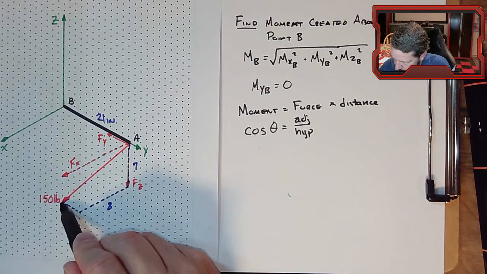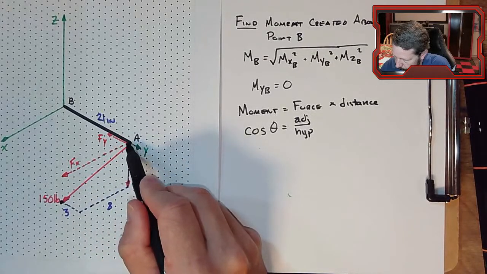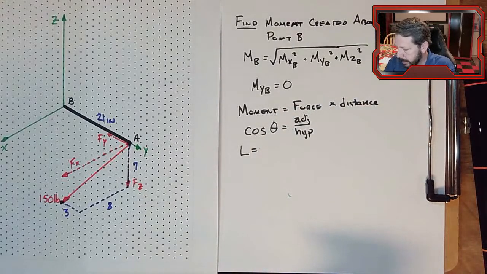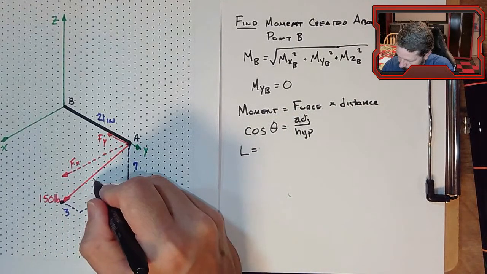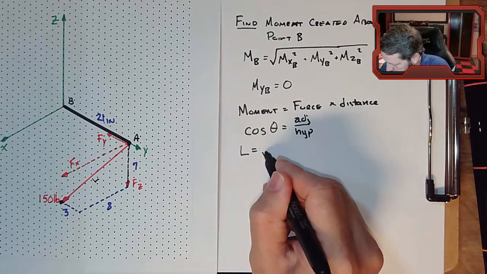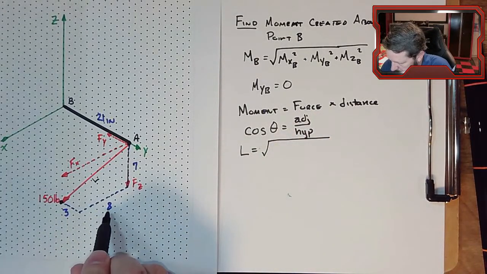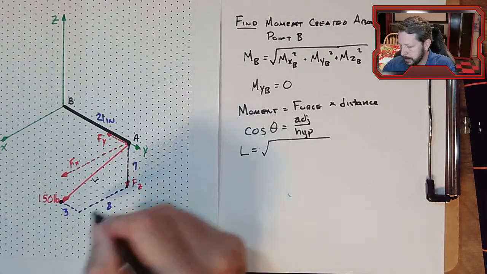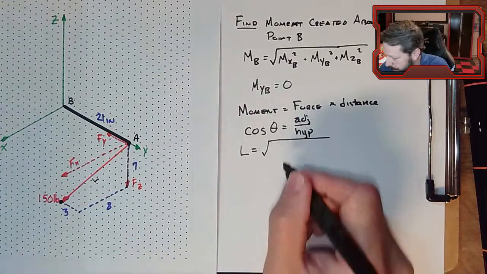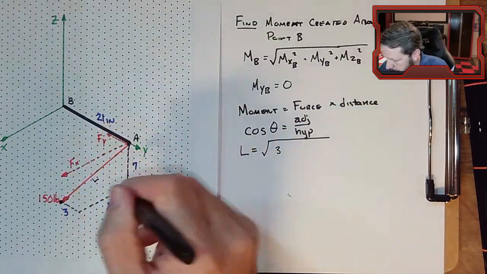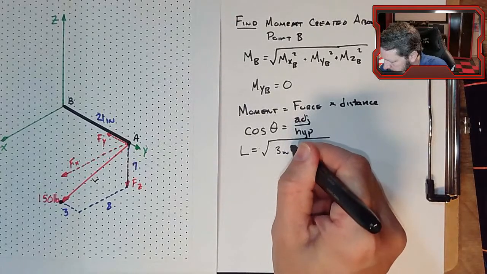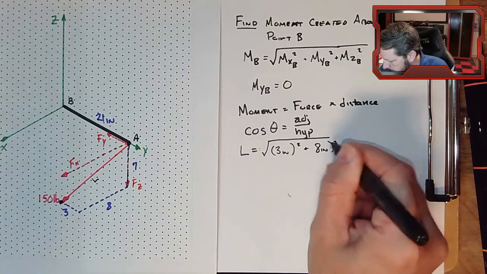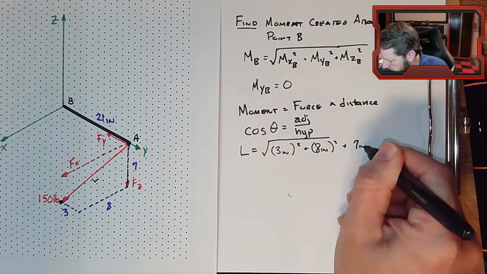So we need the length from this point to point A, which is an easy quantity to calculate. This length L is equal to the square root of 3 squared plus 8 squared plus 7 squared. Technically this is a -7, a +8, and a -3, but we're going to square them anyway. Let's say they're all inches.